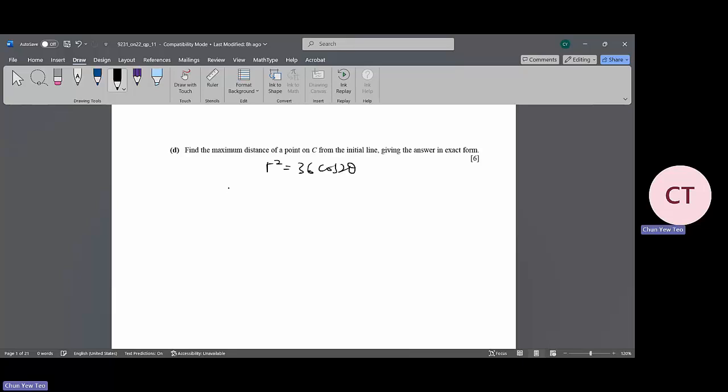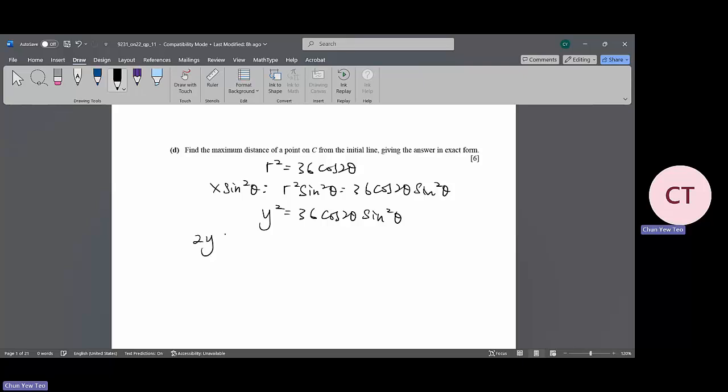In order to get y, I multiply everyone by sine squared theta. So I get r squared sine squared theta equal to 36 cos 2 theta sine squared theta. So this will become y squared equal to 36 cos 2 theta sine squared theta.